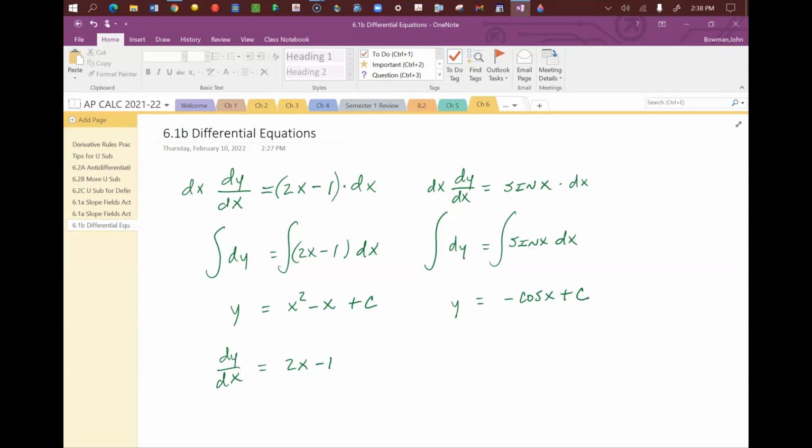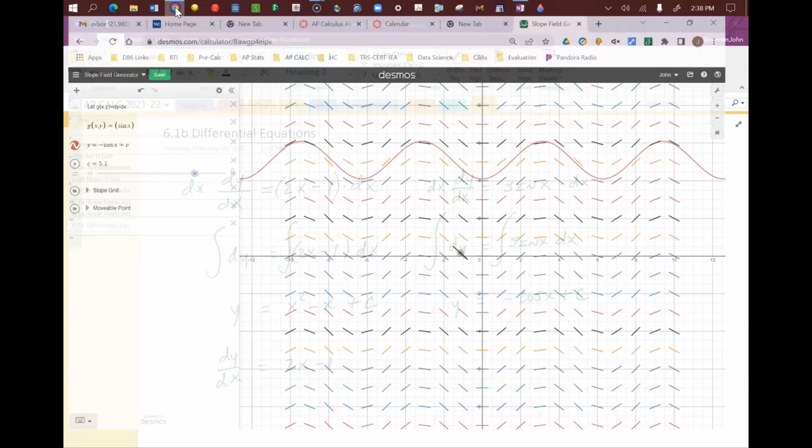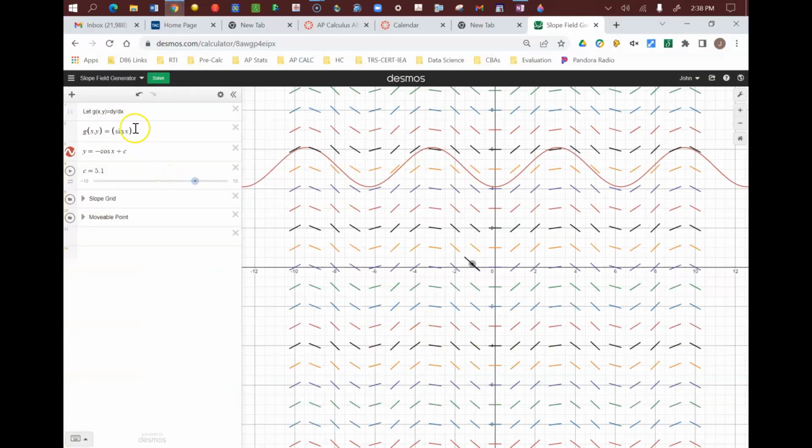And to illustrate that, I want to show you, using Desmos, the slope field for dy dx equals sine x, and how y equals negative cosine x plus c is a general solution for that. So we're going to jump over here, and you will see that I have a slope field here, and the slope field is for what I just highlighted in blue there, which is dy dx equals sine x.